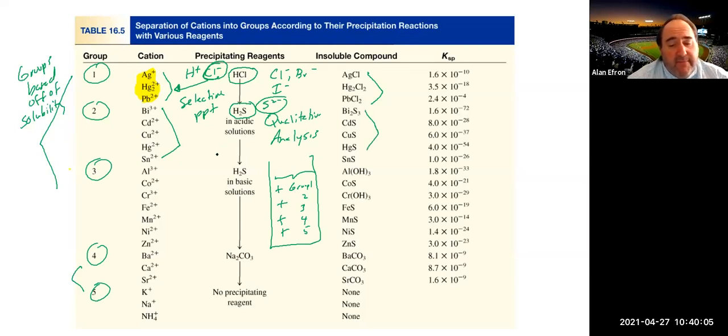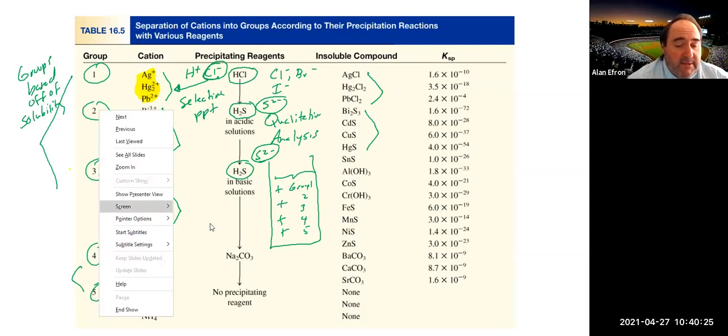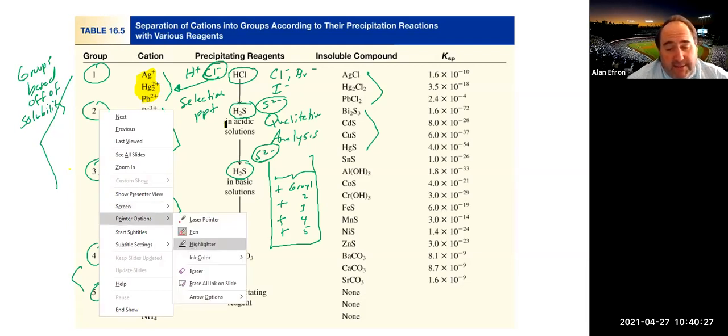Here's what the difference is, for example, something else we've been talking about. If you go to group 3, you will also see that hydrogen sulfide gas is the group precipitating reagent, also providing sulfide. The difference between those two groups is something we just talked about that affects solubility, and that is pH.